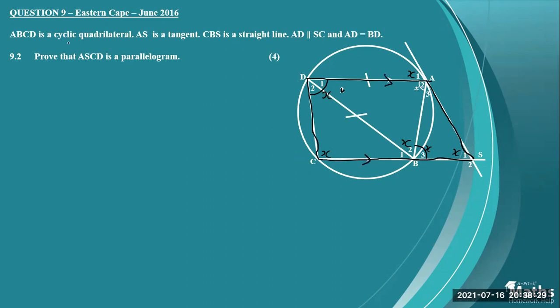Let's quickly run through the different ways of proving a parallelogram. If you can prove two pairs of opposite sides are equal, is that possible with this diagram? No. We only have DA, so there's no way that I can prove CS is also equal, let alone the other two. One side is equal and parallel.